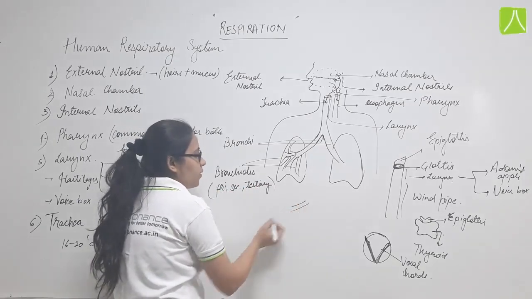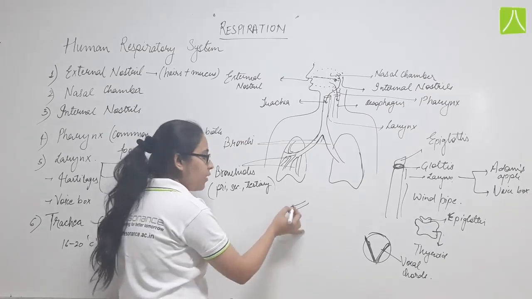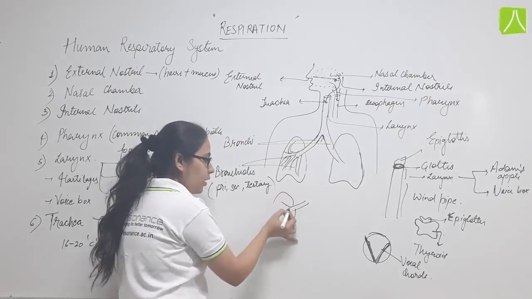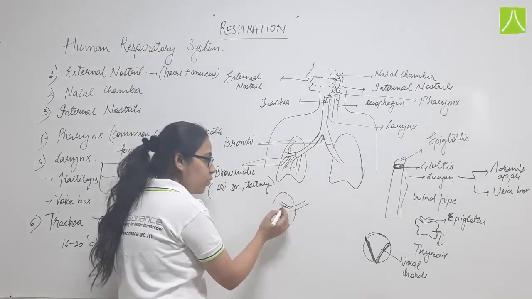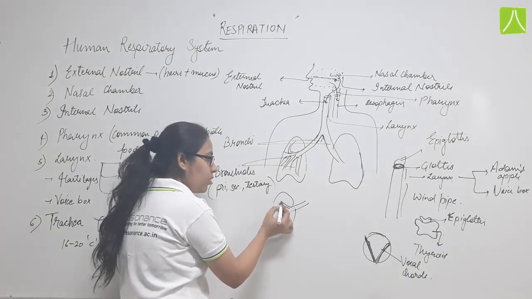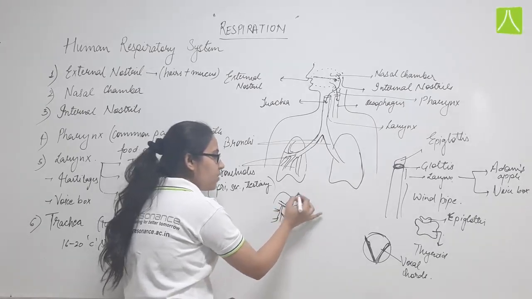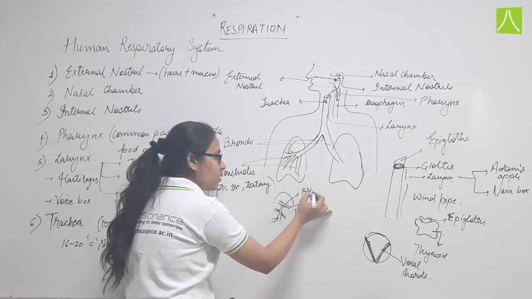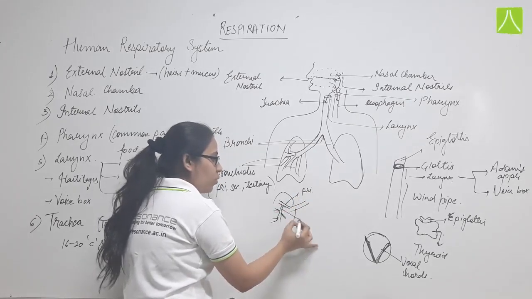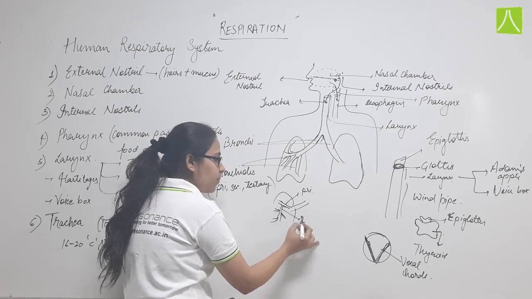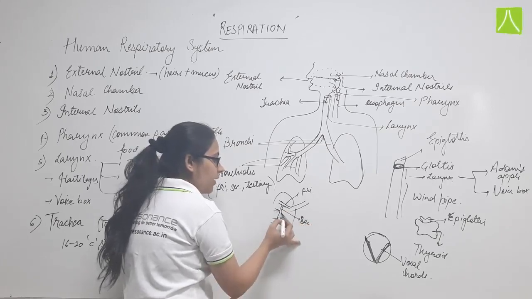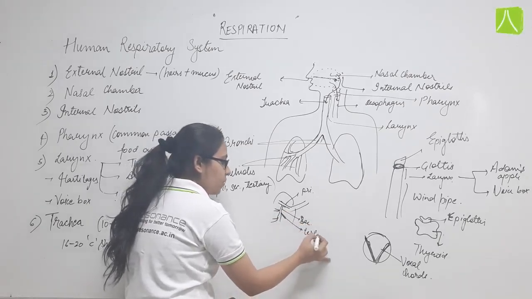Suppose this is the bronchus which enters the lung. It divides into primary bronchi. Now this primary divides into secondary, and this secondary again divides into tertiary. So this is the primary, which divides into two, the secondary, and this further divides into tertiary.